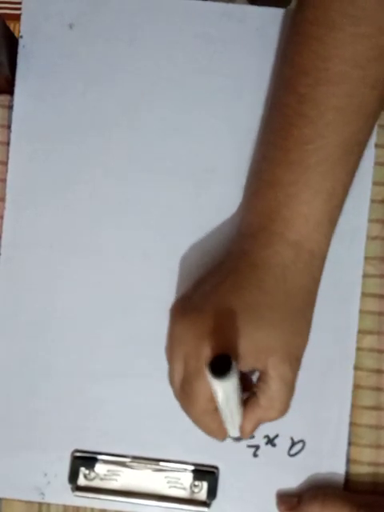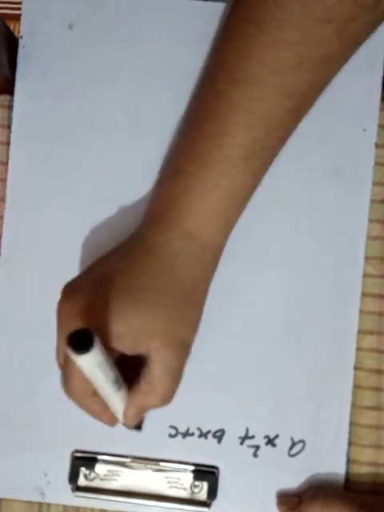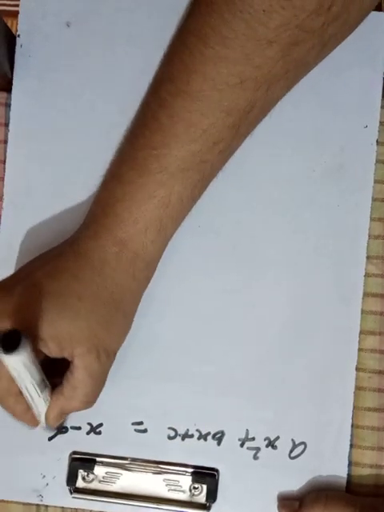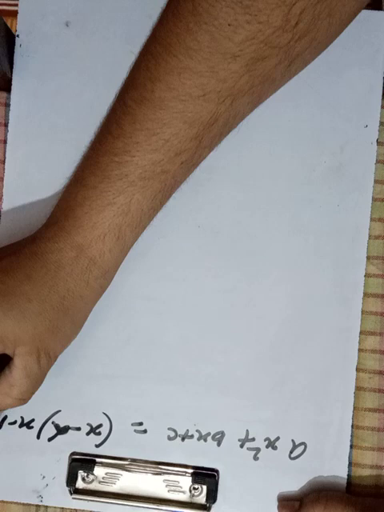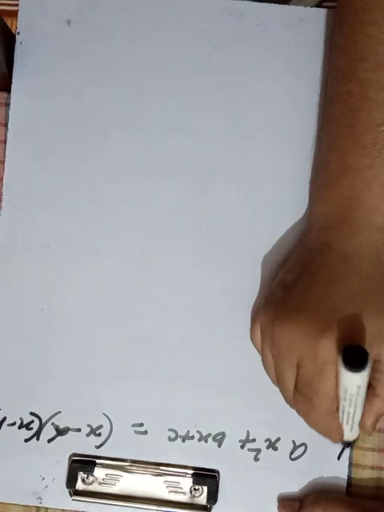So first I take one. Next, I have seen ax square plus bx plus c is equal to a into x minus alpha into x minus beta. This is our p(x).